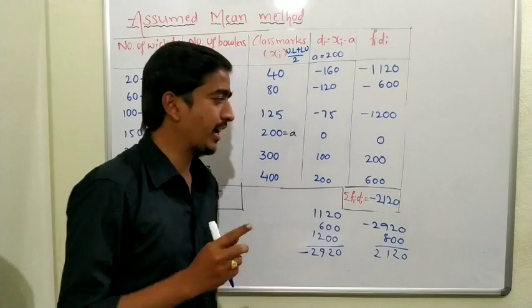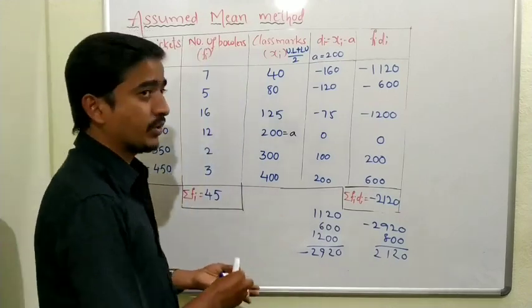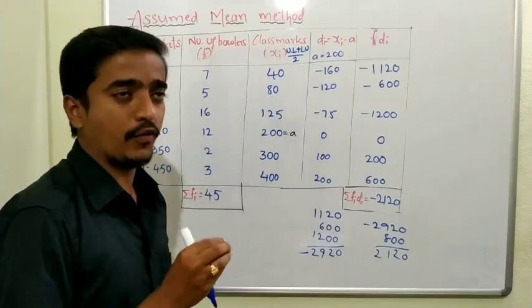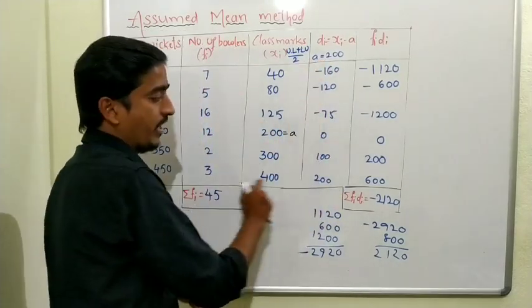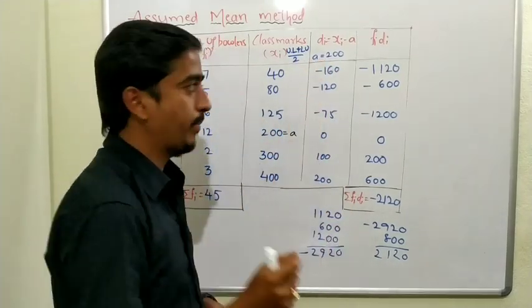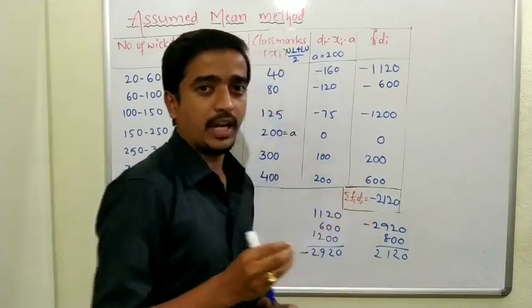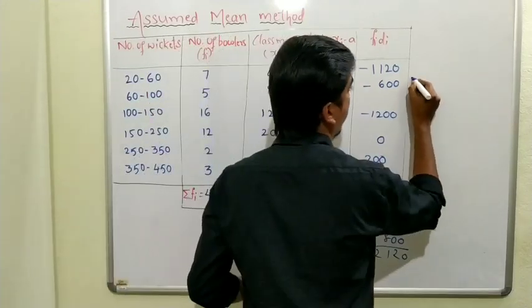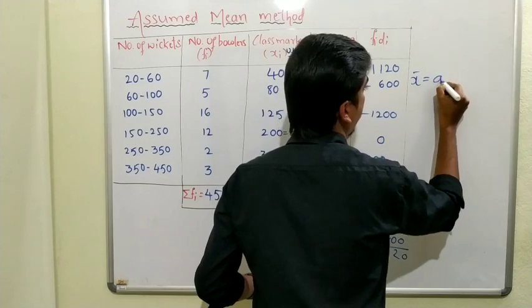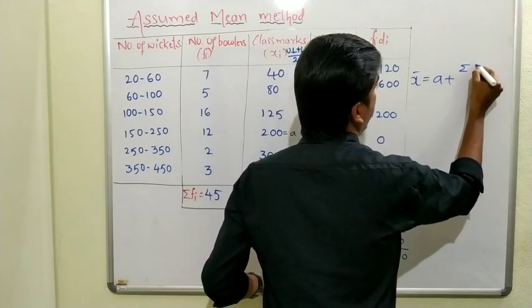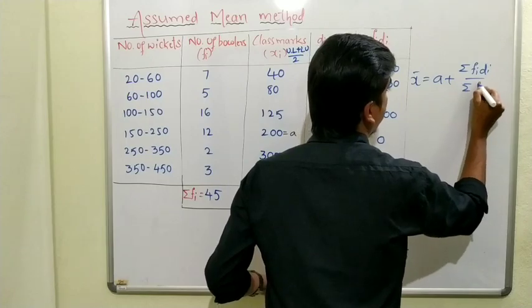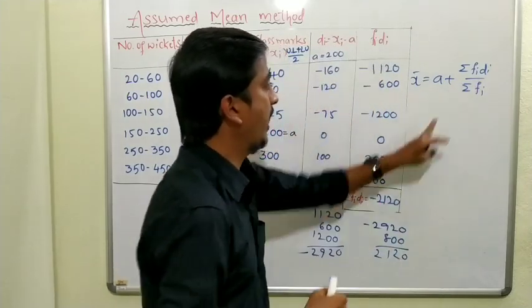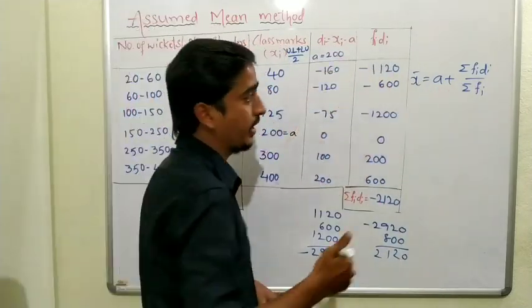Now we take the assumed mean method formula. The mean formula in the assumed mean method is x bar equals A plus sigma fi di by sigma fi. Here A is the assumed mean, that is 200.